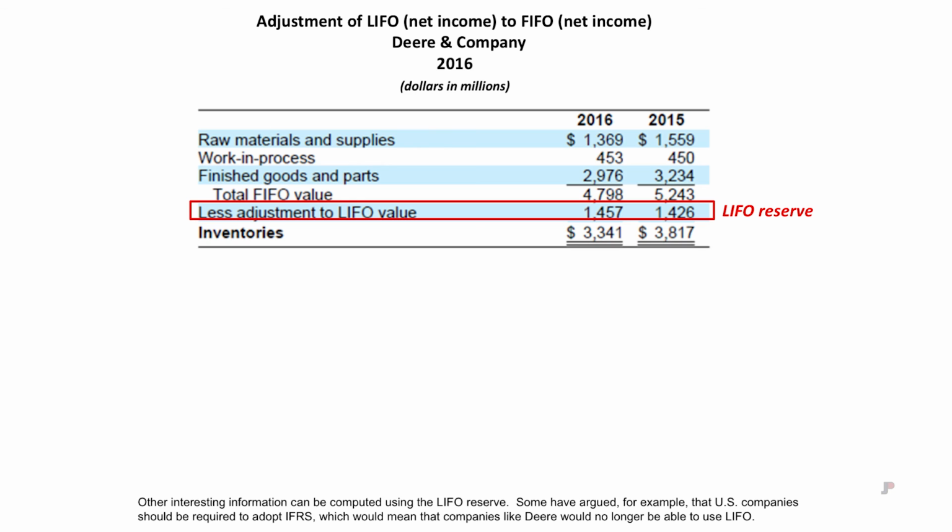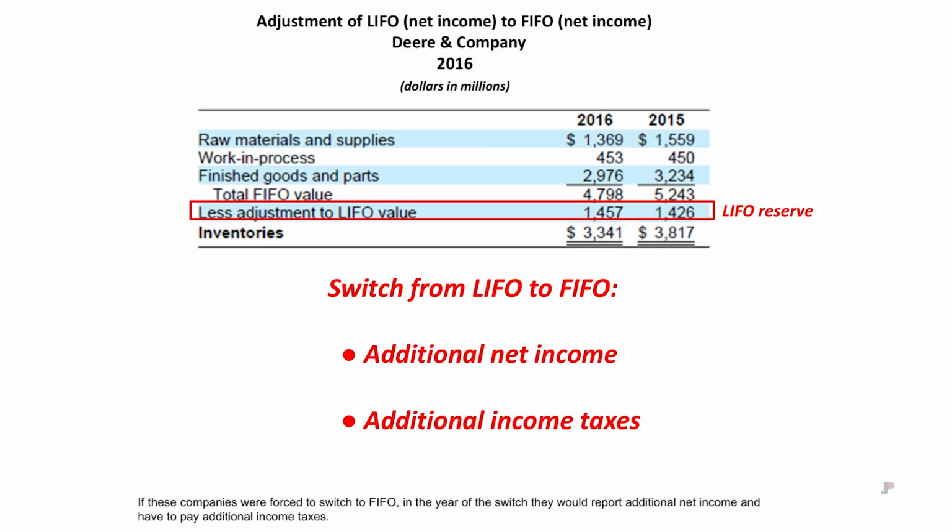Some have argued, for example, that U.S. companies should be required to adopt IFRS, which would mean that companies like Deere would no longer be able to use LIFO. If these companies were forced to switch to FIFO, in the year of the switch, they would report additional net income and have to pay additional income taxes.